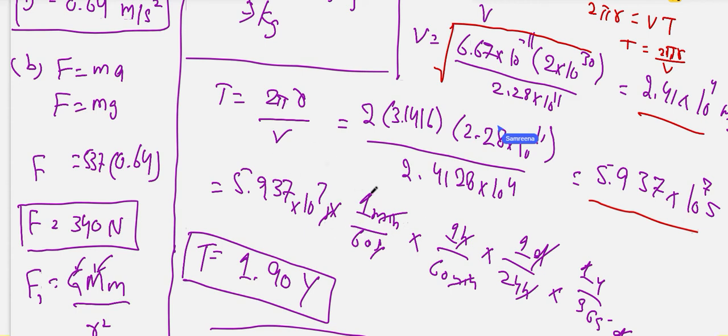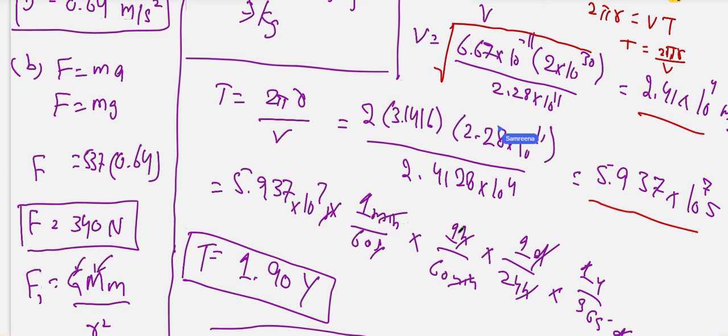Basically in 1 minute we have 60 seconds, so the 60 seconds can be cancelled with these seconds, and then we have 1 by 60 minute. In 60 minutes we have 1 hour, so these minutes can be cancelled and we get it converted in terms of hours.